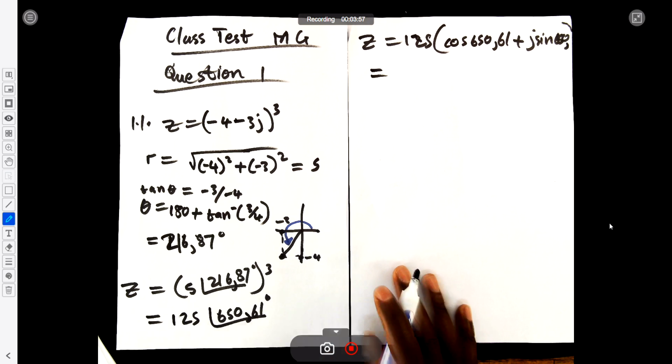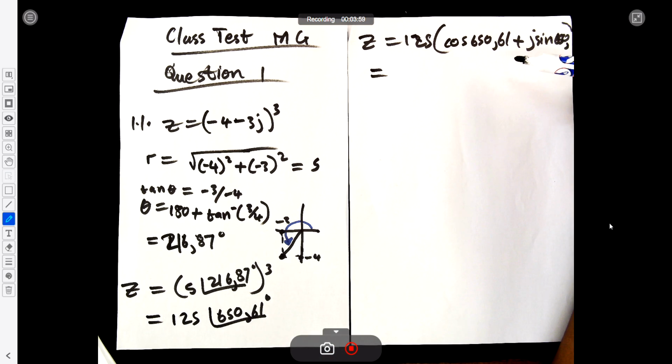This will help us convert to rectangular form without using a calculator to convert directly. Your calculator can do that. So 125 times cos 650.61.